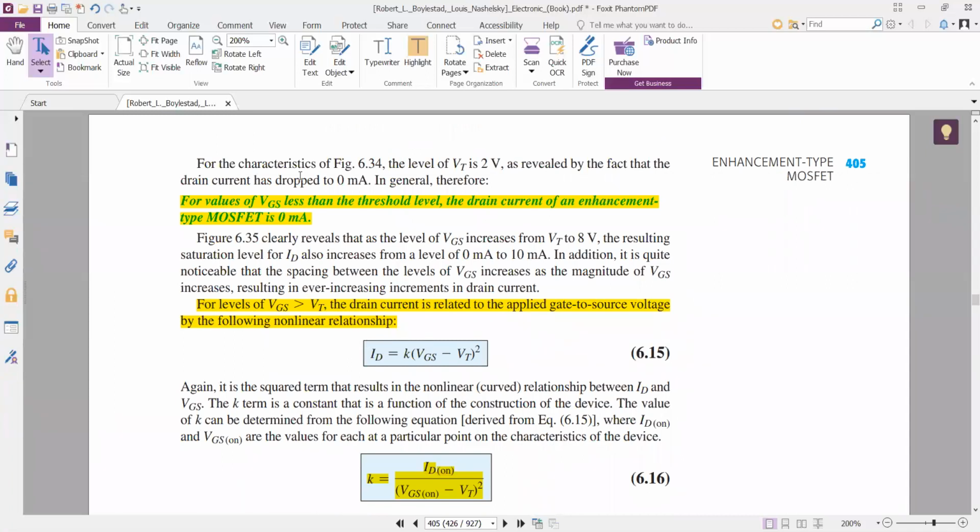And so we can summarize: for values of VGS less than the threshold voltage, the drain current of enhancement type MOSFET is 0 milliampere as discussed. A minimum voltage is required at the gate and source terminals to establish a channel through which a current can flow from drain to source, and if this gate to source voltage is less than threshold voltage, no current will flow.